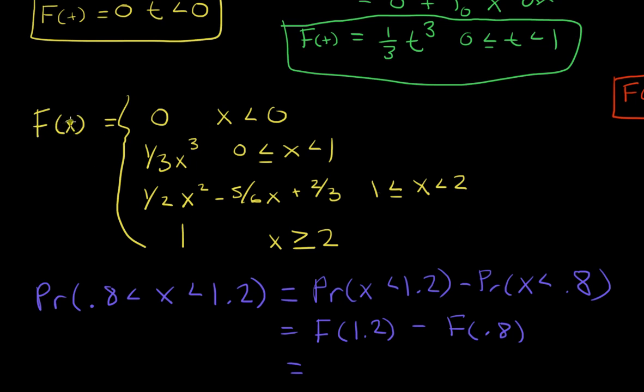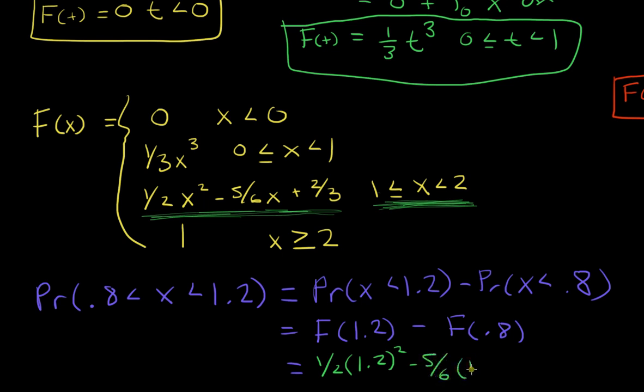I'm giving you 1.2, so x is 1.2. 1.2 is between 1 and 2, so I should be plugging it into this piece. So this is 1/2 times 1.2 squared minus 5/6 times 1.2 plus 2/3.